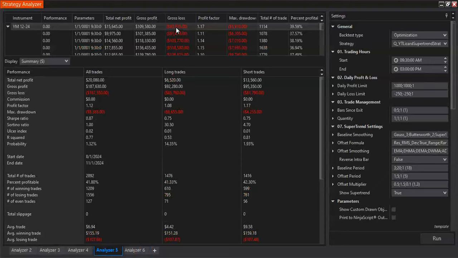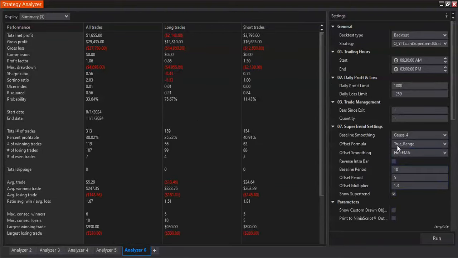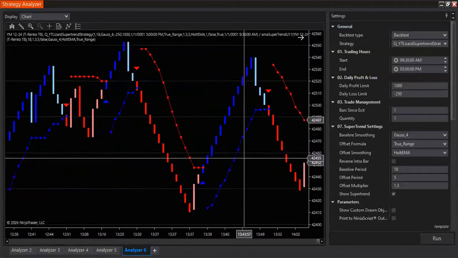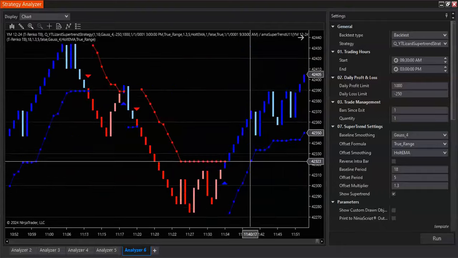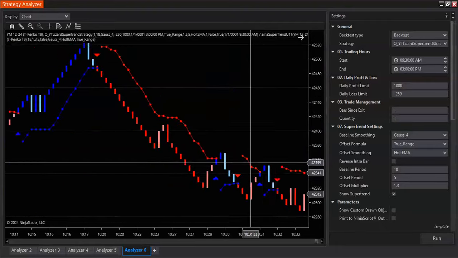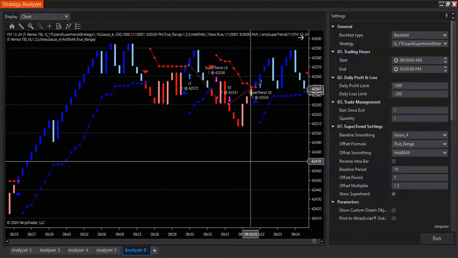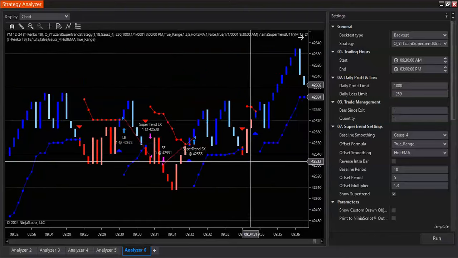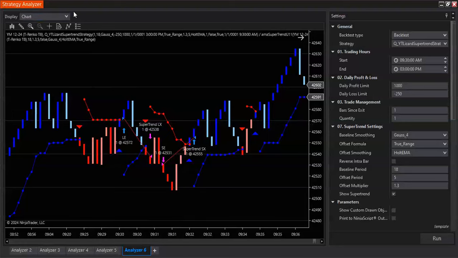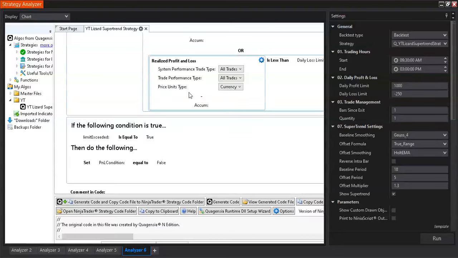Here you can see the gross loss was this. More than likely it did hit that 250, so let's just check the trades.